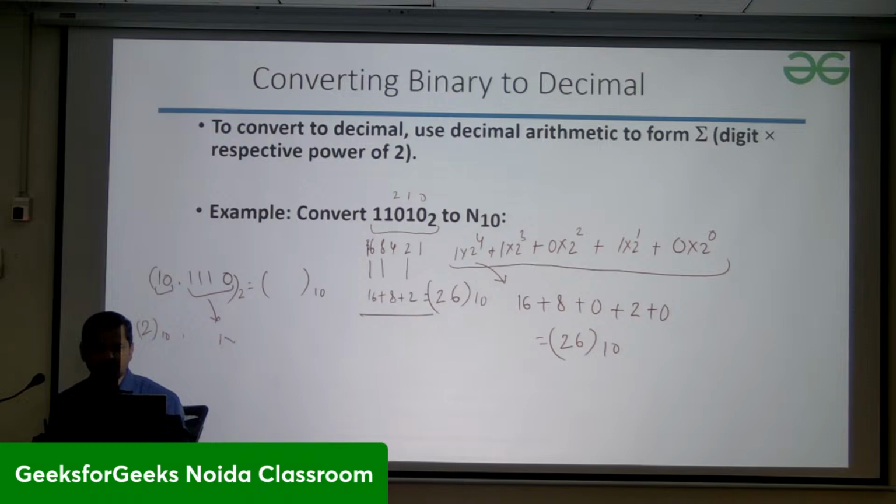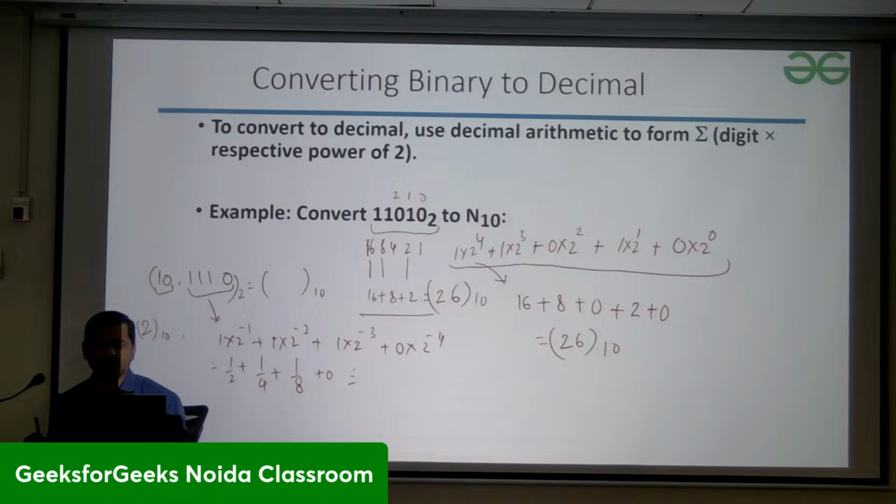apply this 1 into 2 to the power minus 1 plus 1 into 2 to the power minus 2 plus 1 into 2 to the power minus 3 plus 0 into 2 to the power minus 4. So this is going to be 1 by 2 plus 1 by 4 plus 1 by 8 plus 0.